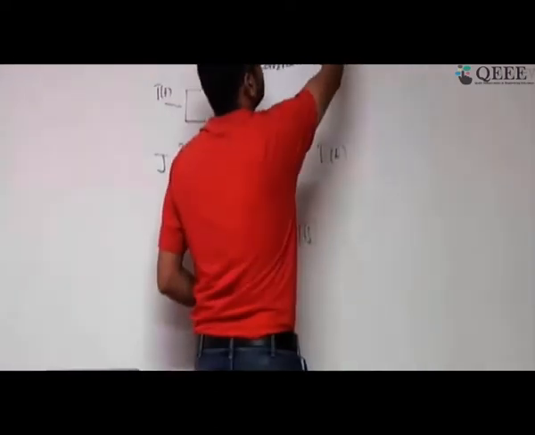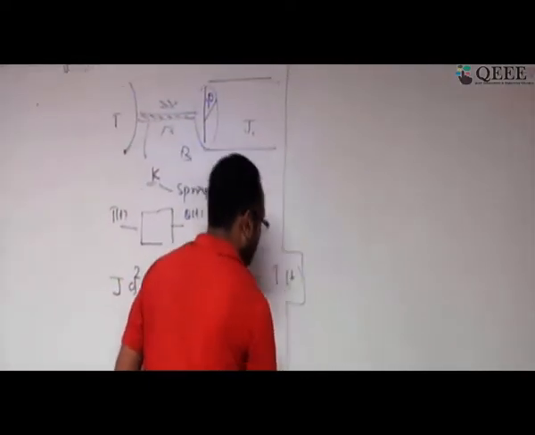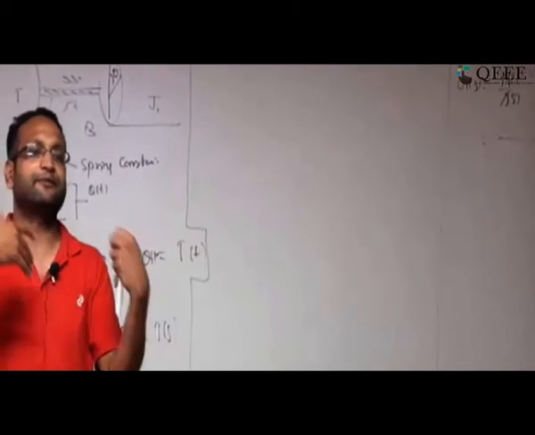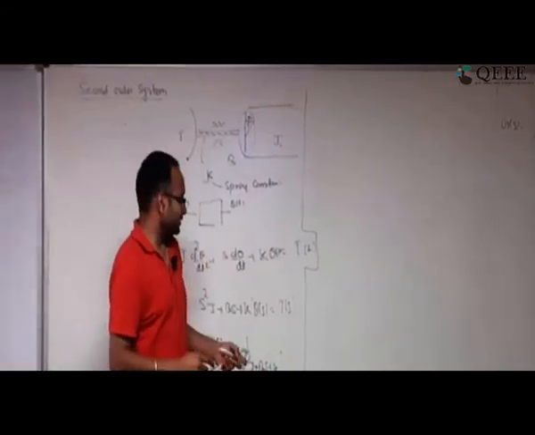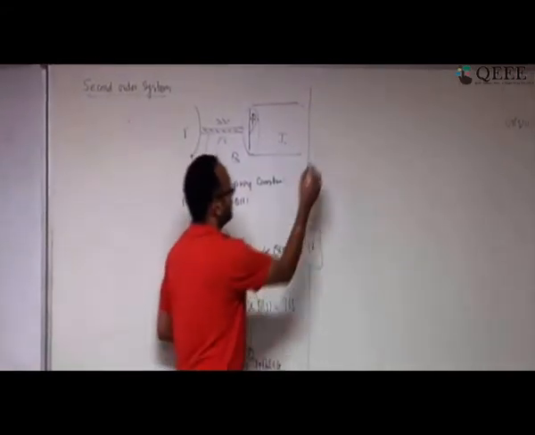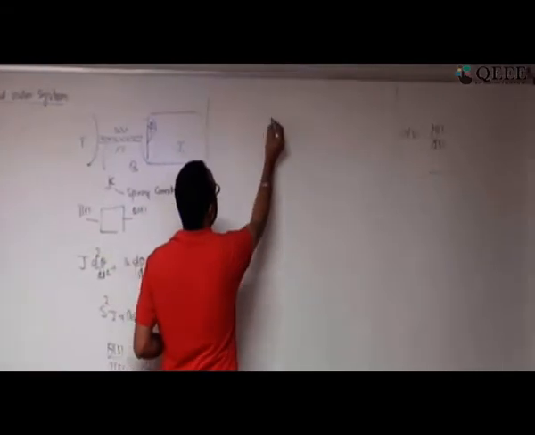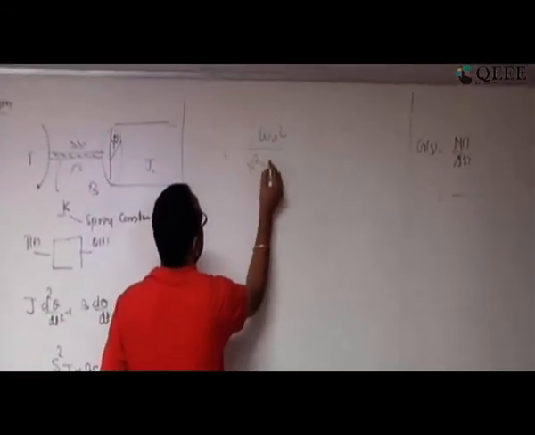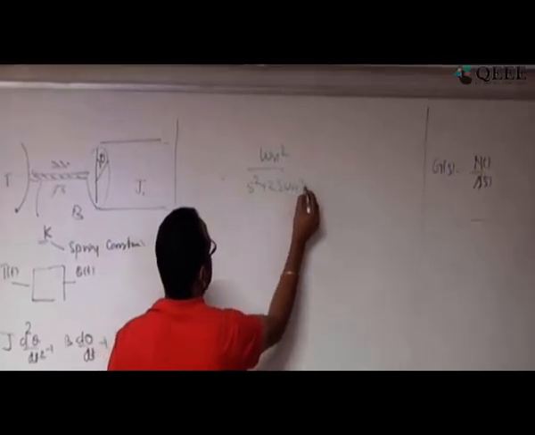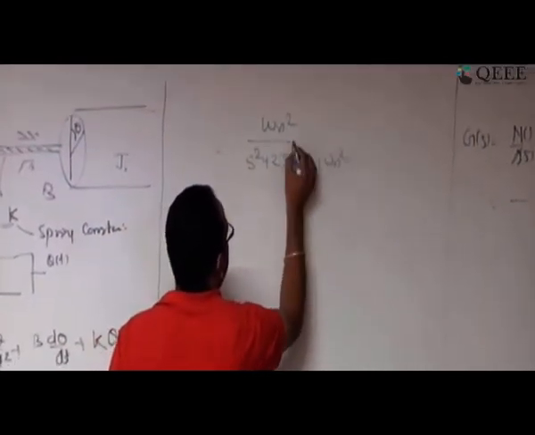Okay. So as I mentioned, when I am doing a mathematical analysis, I am not looking at whether the system has come from a mechanical system or electrical system or hydraulic system, any system. I am interested in the standard form. So here for any second order system, we use the standard form omega n square over (s square plus 2 zeta omega n s plus omega n square).